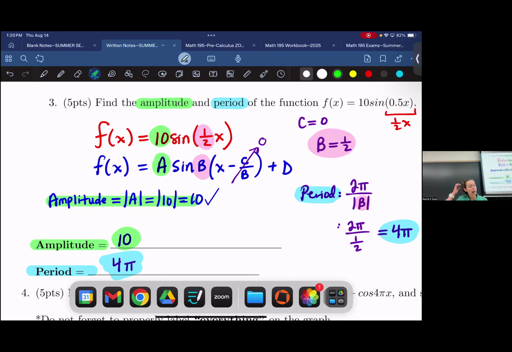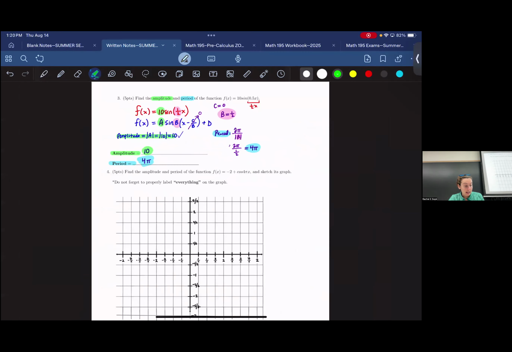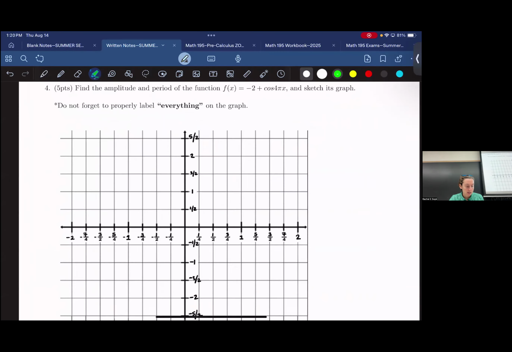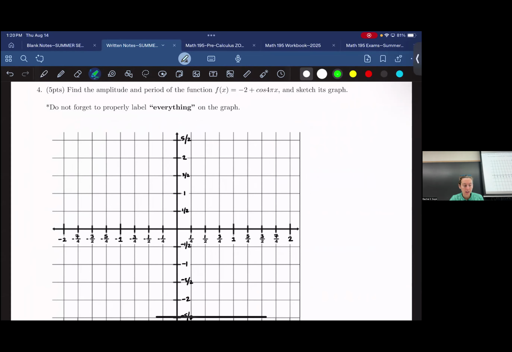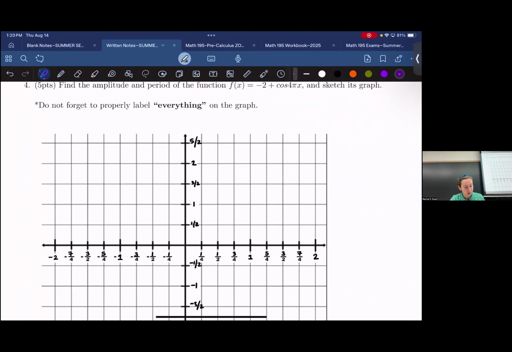So finally, we're at our question 4, which we'll have to once again calculate amplitude and period so that we can properly graph it. It's just now we're dealing with a different function.